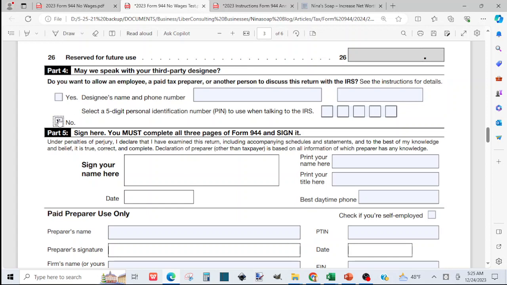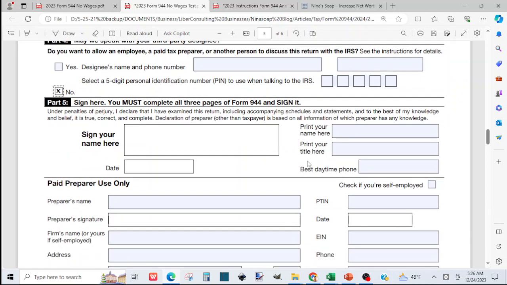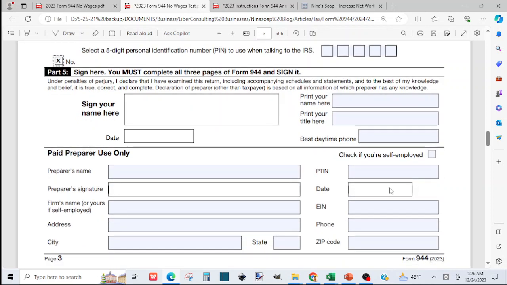And we are going to just say no. If you want them to discuss, to ask any question, you, the owner of the business that prepared the form, you just put no. Otherwise, if you put yes, make sure you complete the box related to it. And keep in mind, it's only going to be related to this form that is prepared.